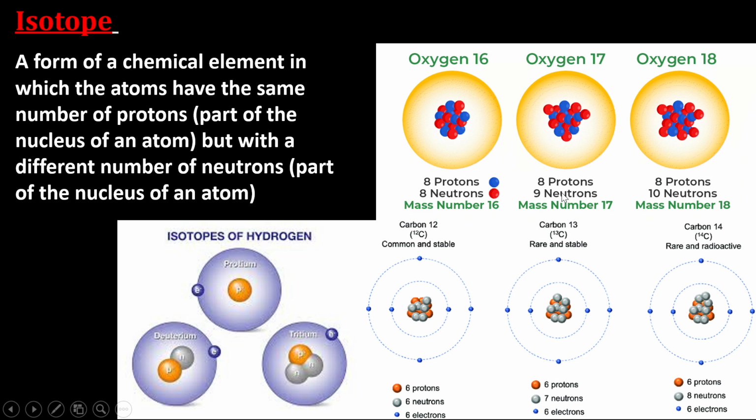Mass number 17 is because the neutrons in the nucleus increase by 1, and oxygen-18 means 2 more neutrons in the nucleus. So atoms of oxygen have the same number of protons but different numbers of neutrons, and therefore different mass numbers. This is known as isotopes.